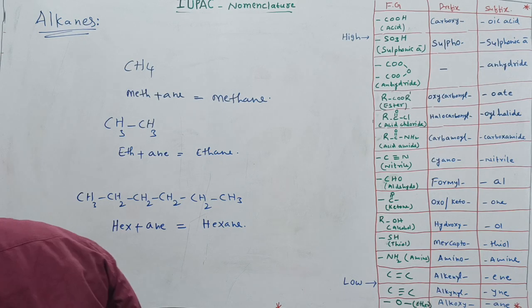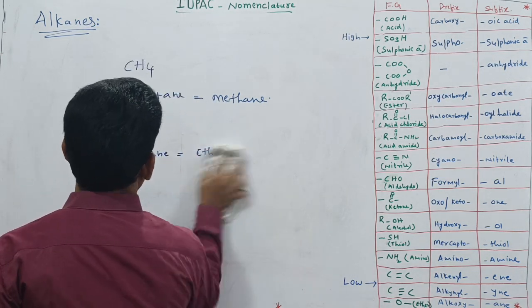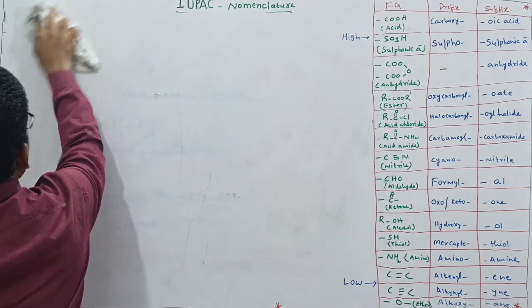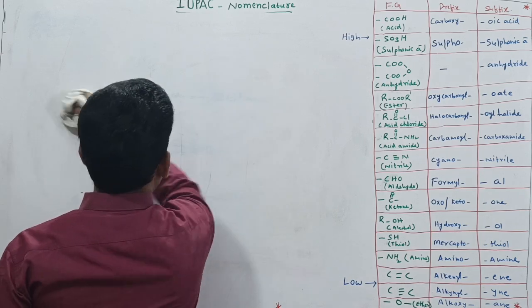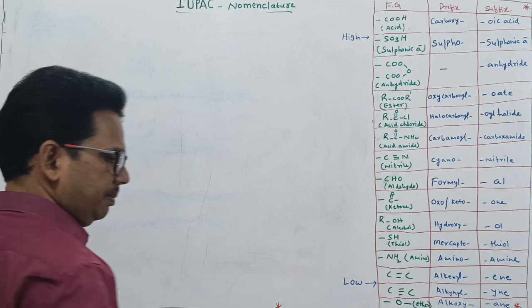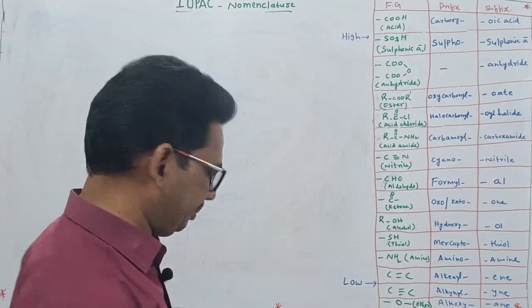Now we will go for the unsaturated compounds. Basically, unsaturated compounds are divided into 2 types.